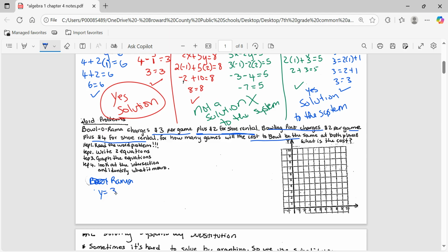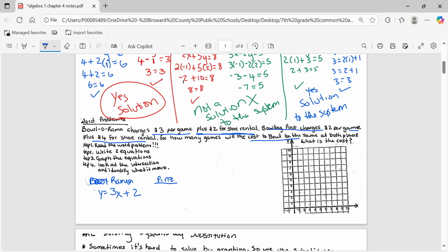So it's $3 for every game. Every game, it adds $3. Plus $2 for a shoe rental. Well, how many times do you rent the shoe at the bowling alley? Just once. So that $2 is your starting. You got to rent the shoes. You're going to start here, and then it's $3 for every game. That's Bolorama. Let's see, Bowling Pins.